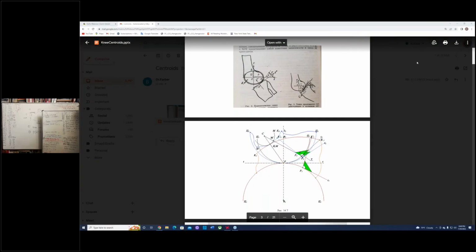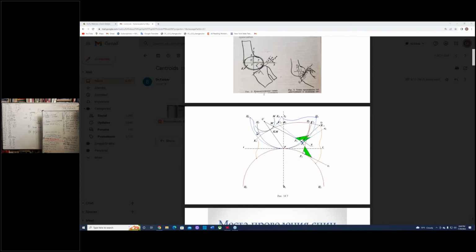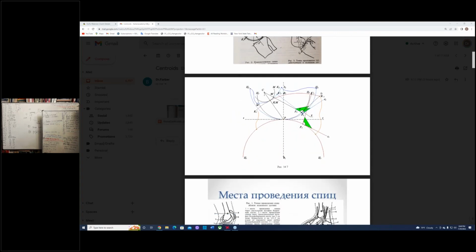Okay, what we did for a triangle is simple centroids. But when we study the knee, this artificial mathematical model of centroids is pretty complicated. The knee joint is the most complicated joint in the body.